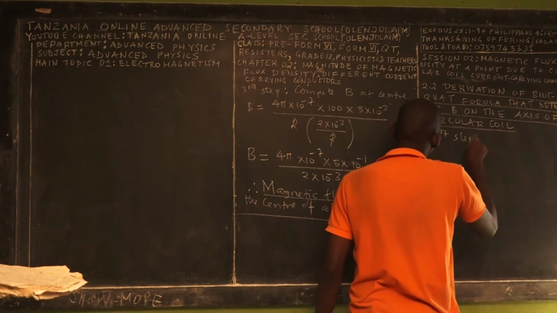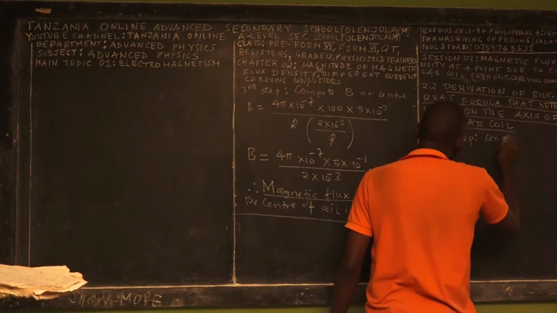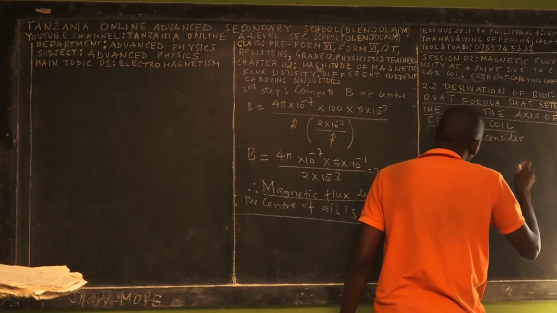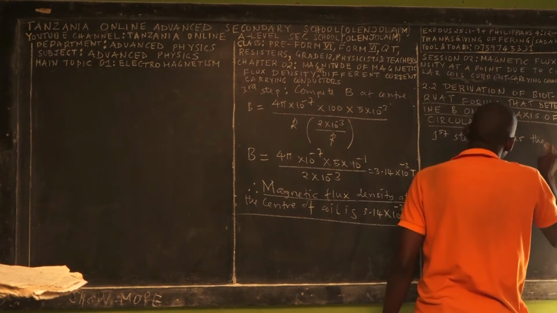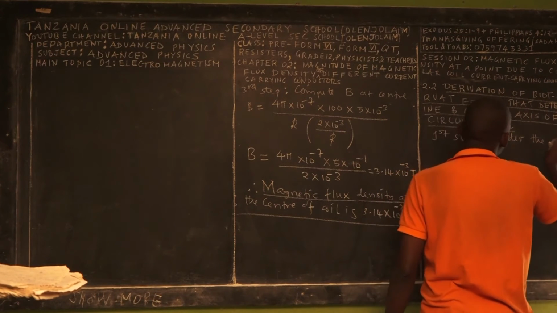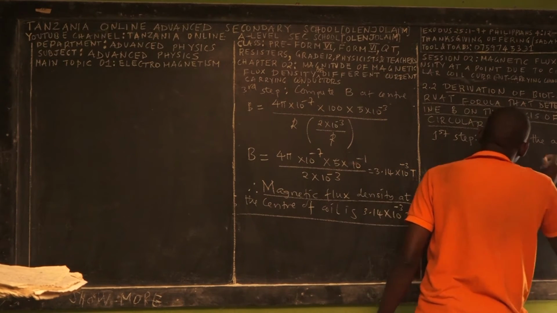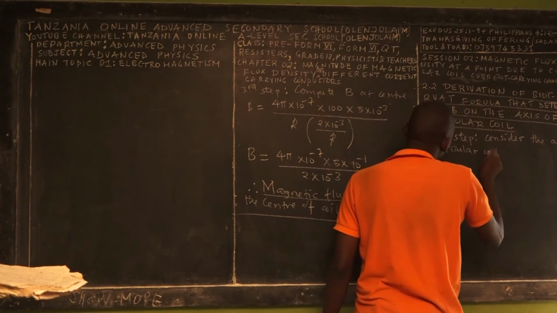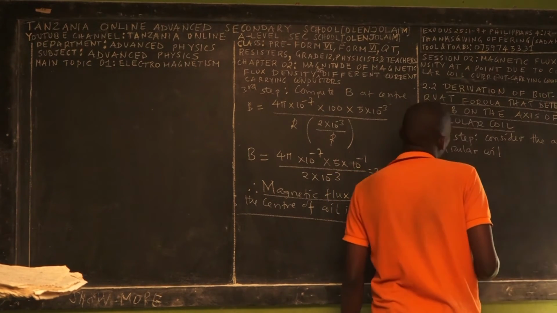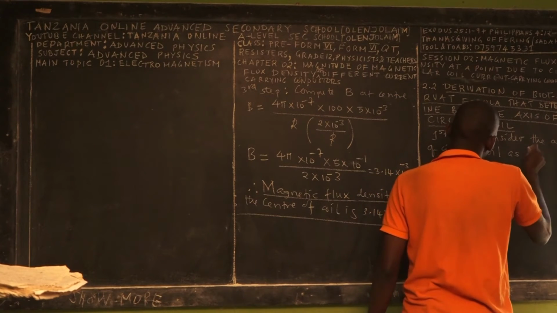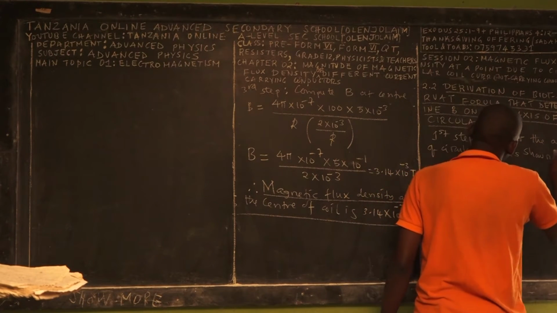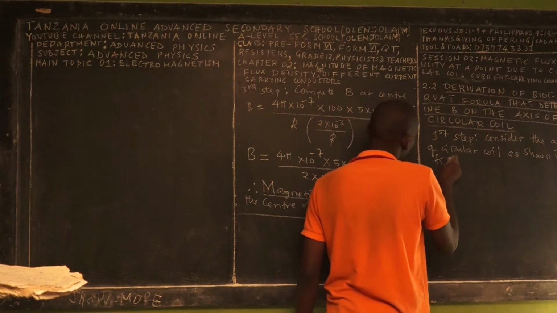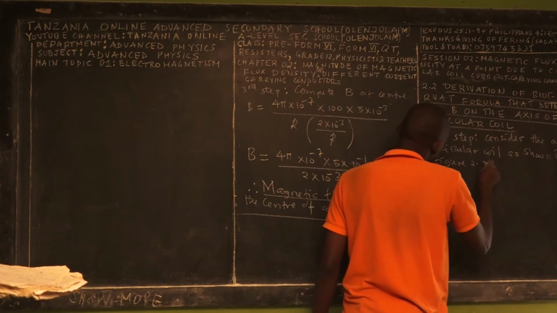So the first step, we consider the axis of a circular coil as shown in figure 2.2 below.